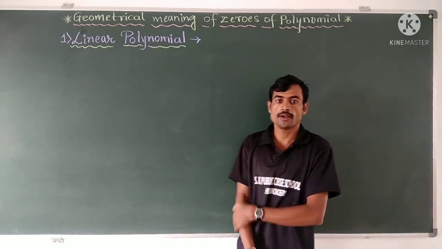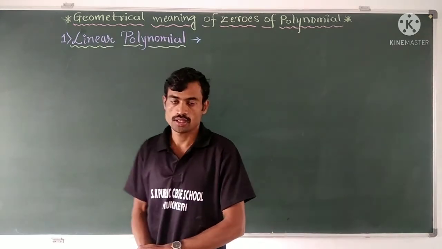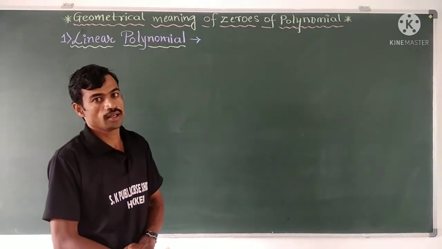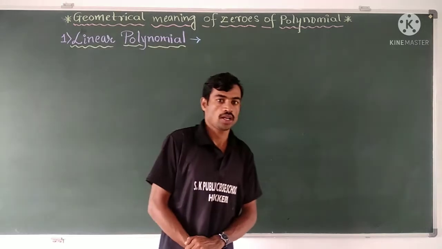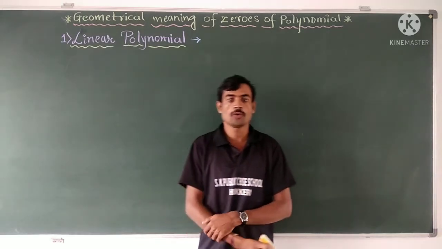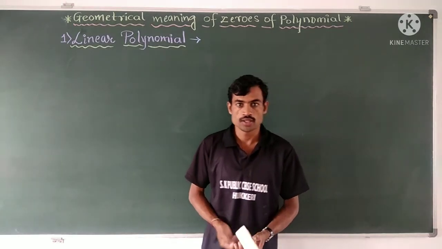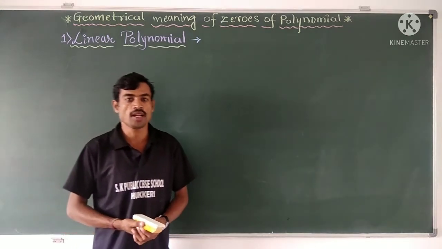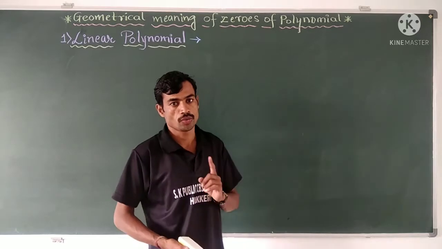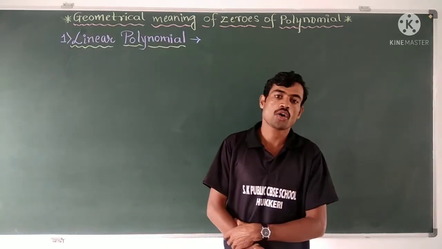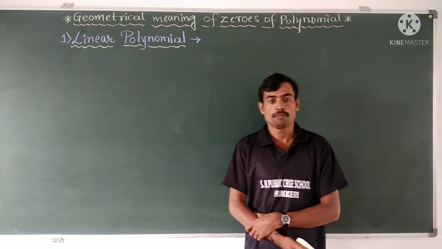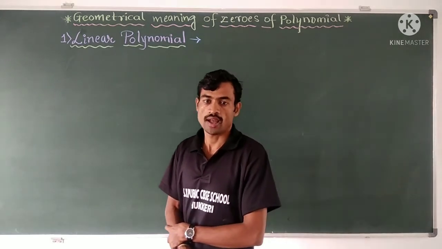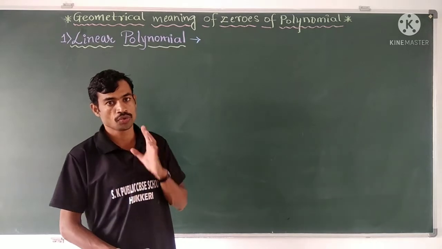Dear students, in the previous class we discussed linear polynomials and their zeros, and also quadratic polynomials and their zeros. As we have discussed, a linear polynomial has at most one zero, and a quadratic polynomial p of x, that is ax square plus bx plus c, has at most two zeros.